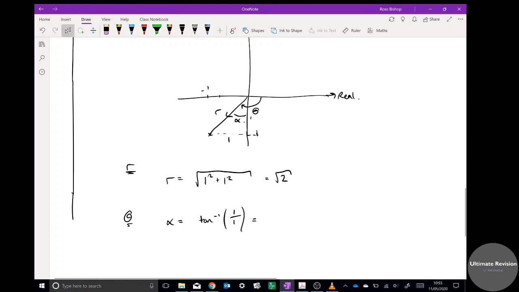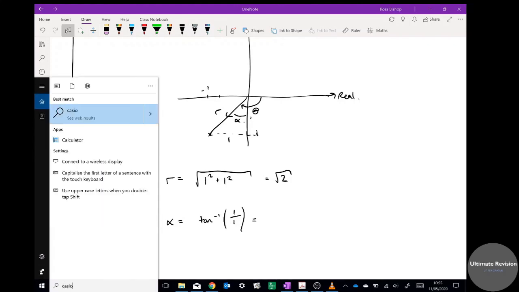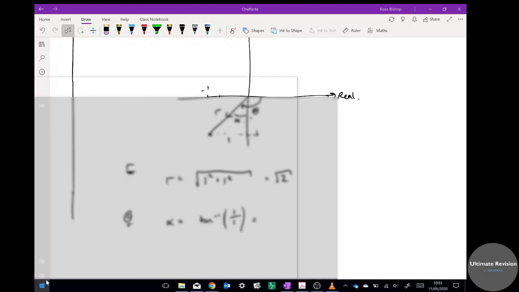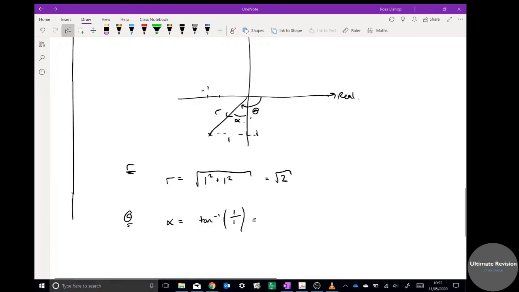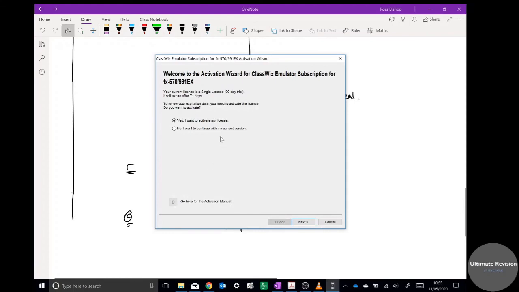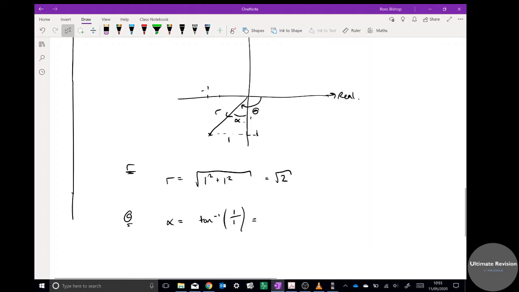And if I do that on my calculator, it's in radians, luckily. Shift, tan minus 1 of 1, yep, pi over 4. So pi over 4, we should know that anyway.